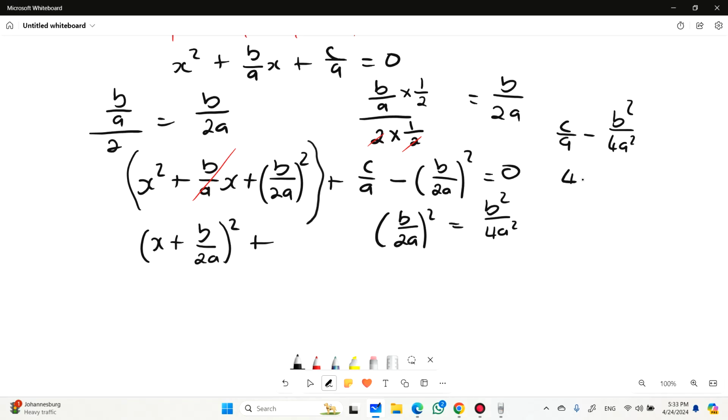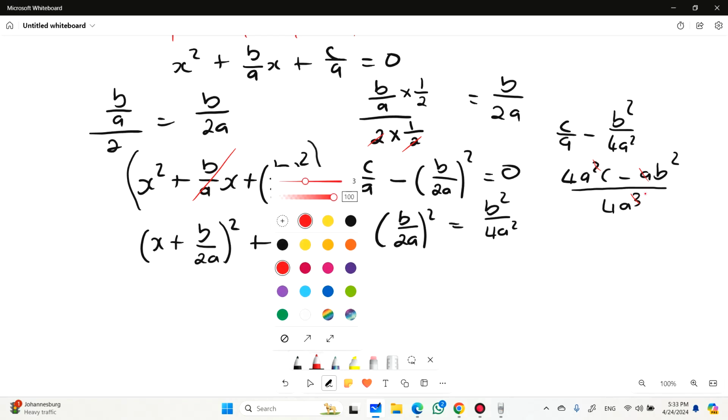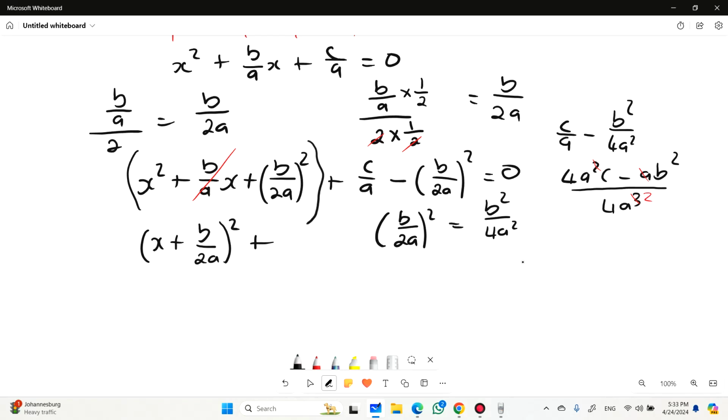Therefore you get 4a squared c minus a b squared all divided by 4a cubed. And then I'm going to remove the a, therefore you have 4ac minus b squared over 4a squared.